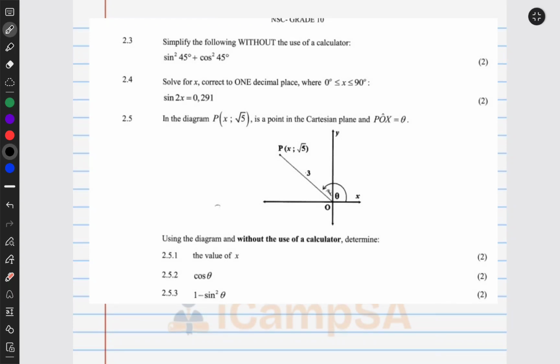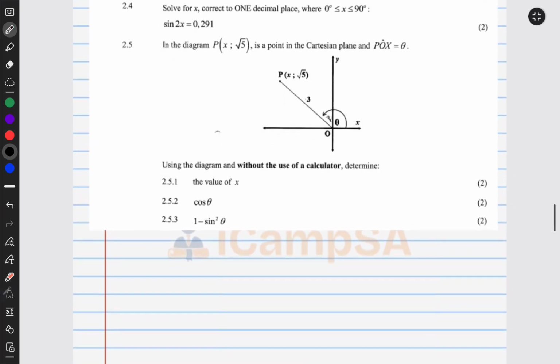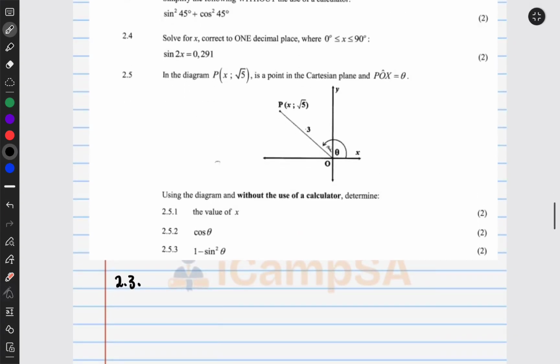For 2.3 we're asked to simplify the following without the use of a calculator. Once you're asked to simplify without a calculator, you know you're going to be employing special angles. Let's quickly write what we are supposed to simplify: sine squared 45 degrees plus cos squared 45 degrees.